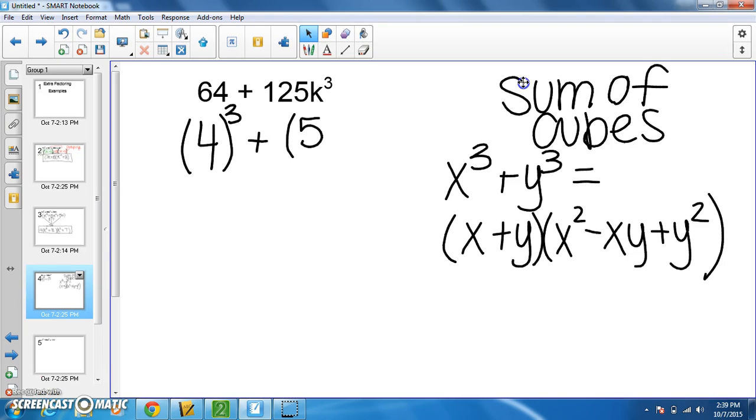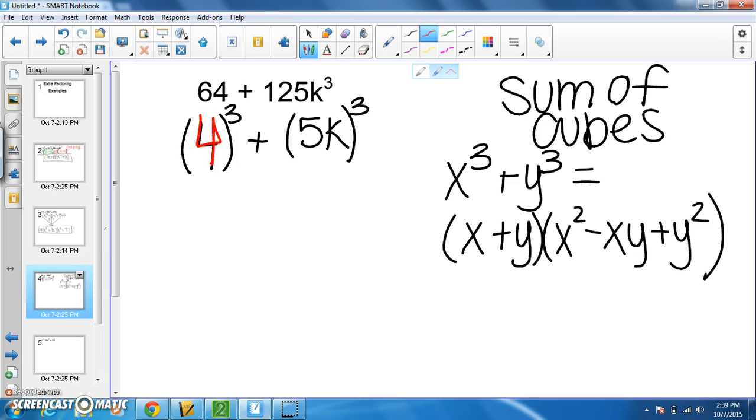Then to get k cubed, we just need to multiply k by itself 3 times. So 5k cubed gives us 125k cubed. Now this looks more like the form x cubed plus y cubed.